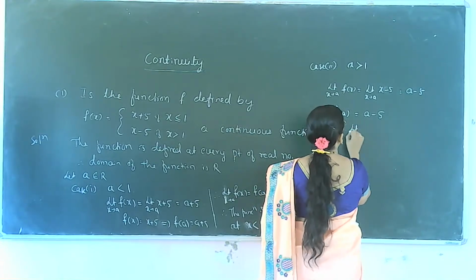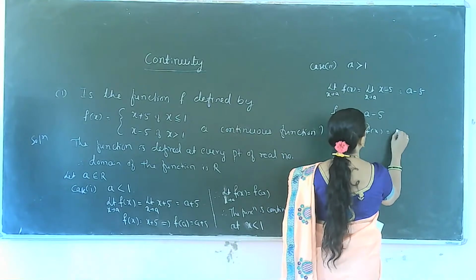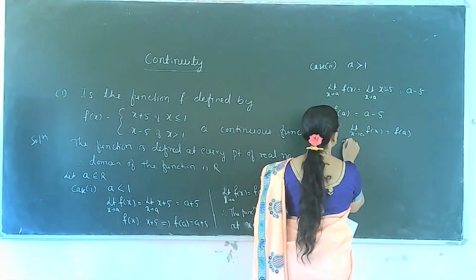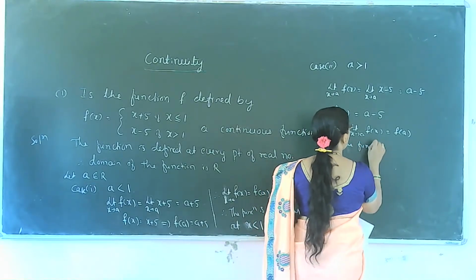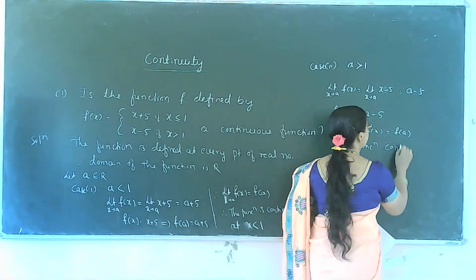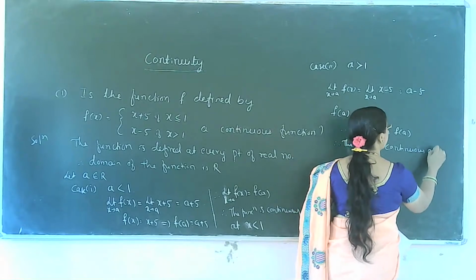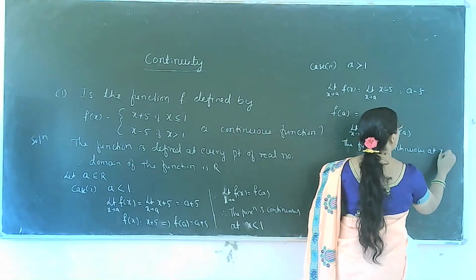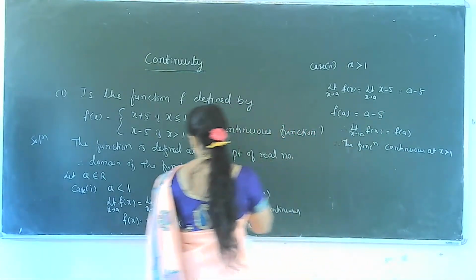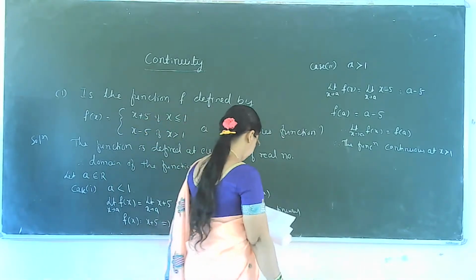Therefore, limit of x tends to a, f of x is equal to f of a. Therefore, the function is continuous for x greater than 1. Here less than 1, here greater than 1.